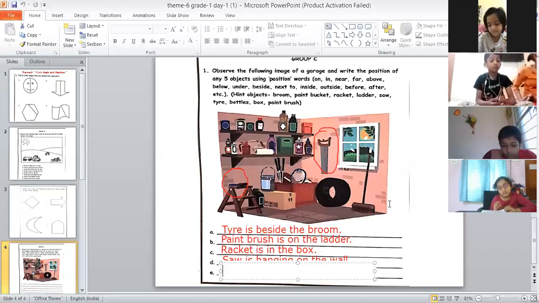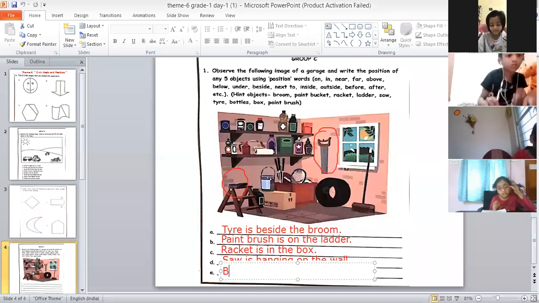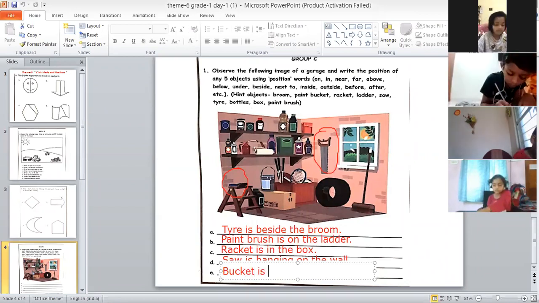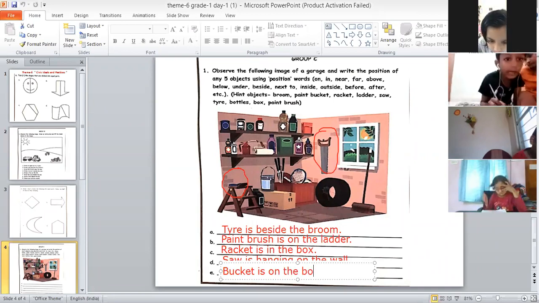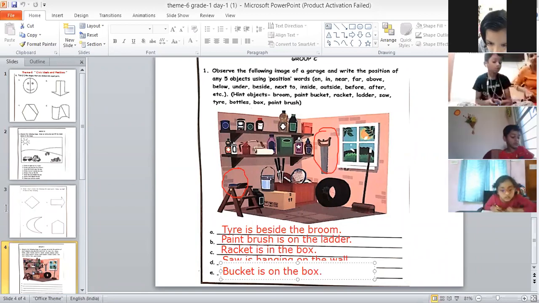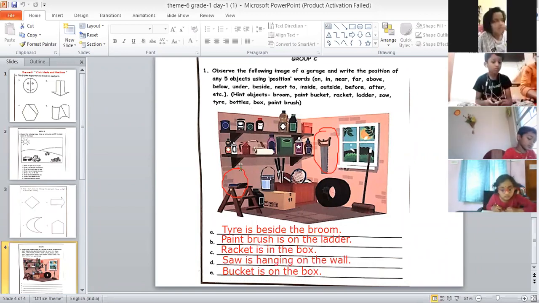Very good. We can say bucket is on the box. That's correct. Very good, Manha. Bucket is on the box.